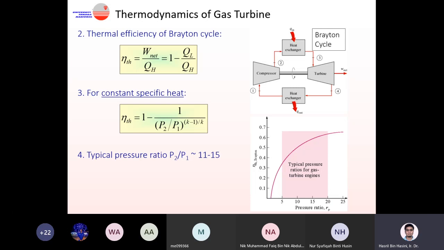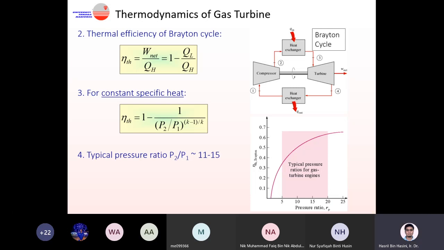Pressure ratio also indicates how much work you need to put into your compressor. Remember, in order for the compressor to work, we have to supply some work. A compressor is a work-consuming device, not like a turbine. A turbine is a work-producing device.